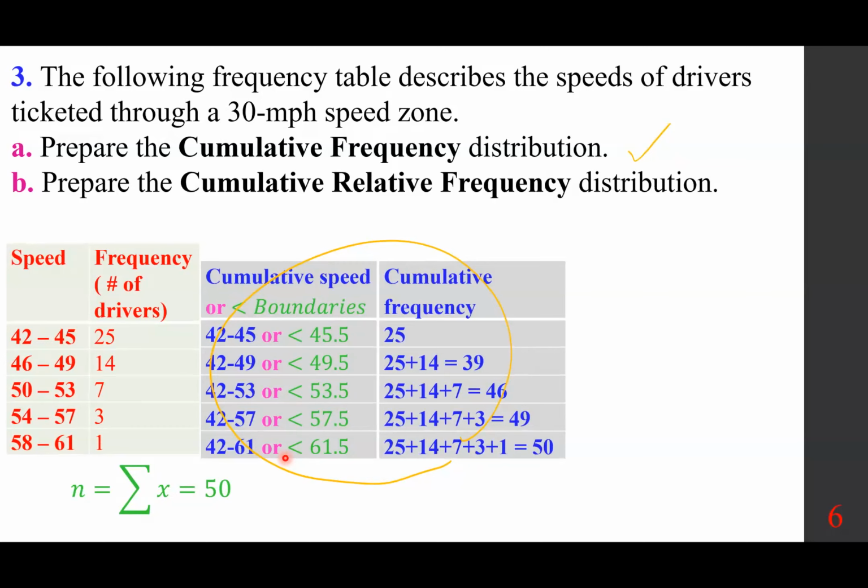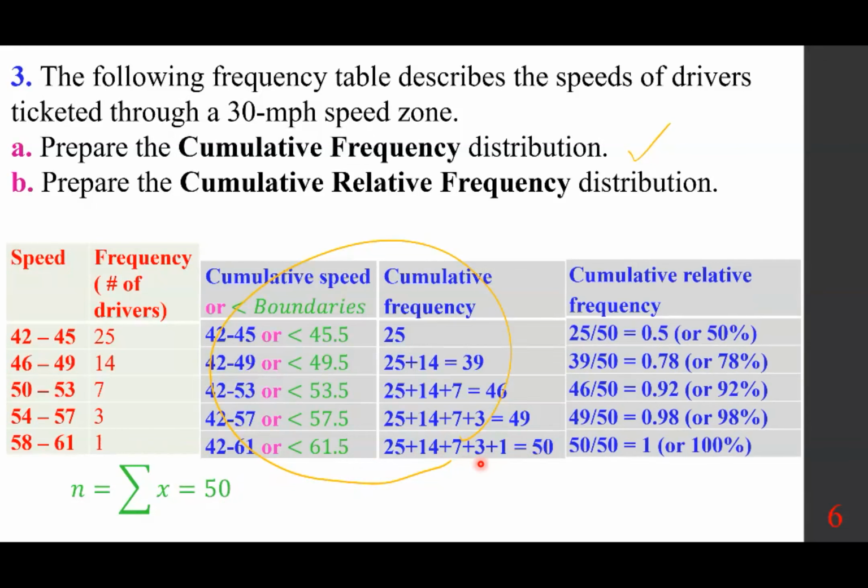Now, what about the relative frequency? The same as before. Relative frequency is F over N, my apologies. And remember the first one again is the same, 25 over 50. But this one starts changing, 39 over 50, 46 over 50, 49 over 50. If we do this right, the last one will always be 1 or 100%.